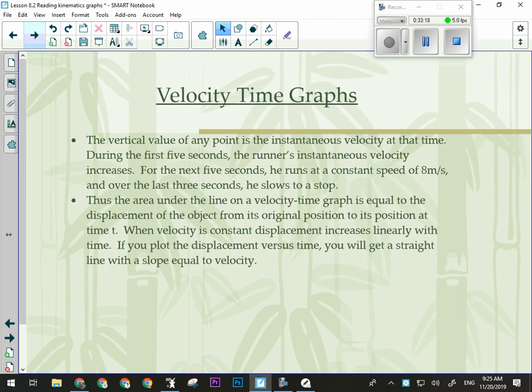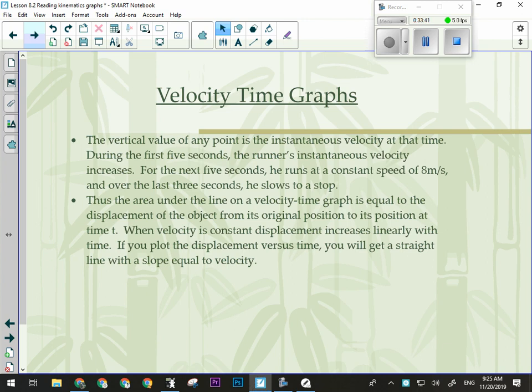All right, so just notes here about velocity versus time graphs. Obviously, on a velocity versus time graph, the vertical value of any point is the instantaneous velocity at that time. In other words, how fast the object is going at that time. And then it's talking about that runner's graph. The area under the line on a velocity versus time graph is equal to the displacement of the object from its original position.